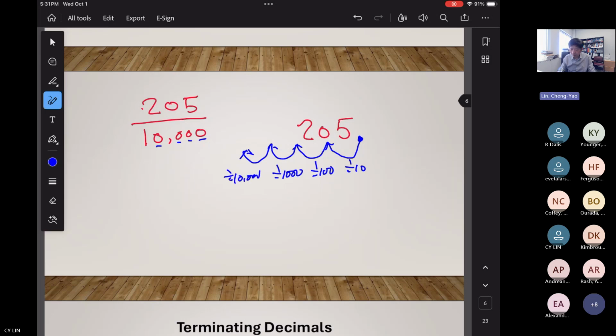So therefore, 1, 2, 3, 4, and we have 0.00205.